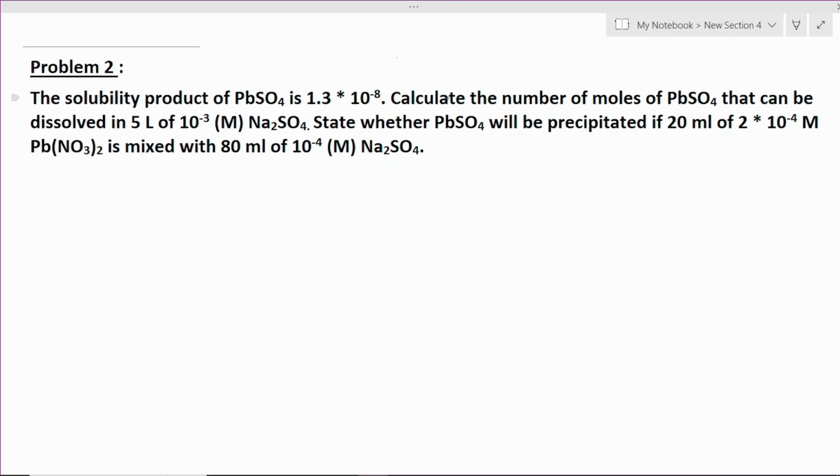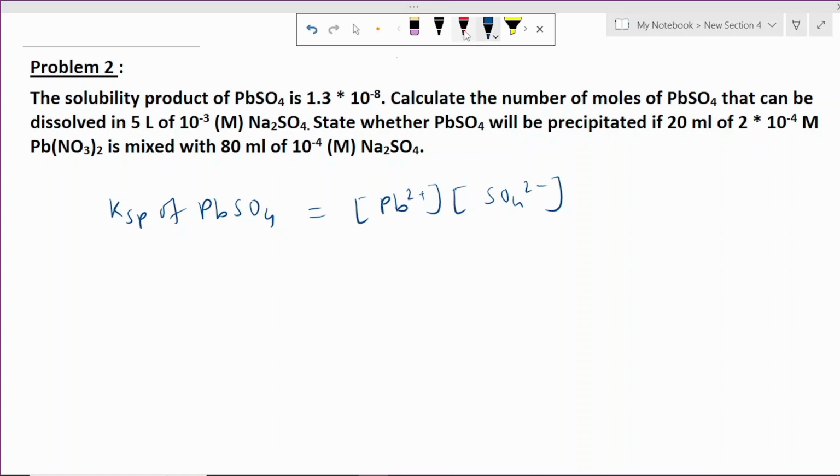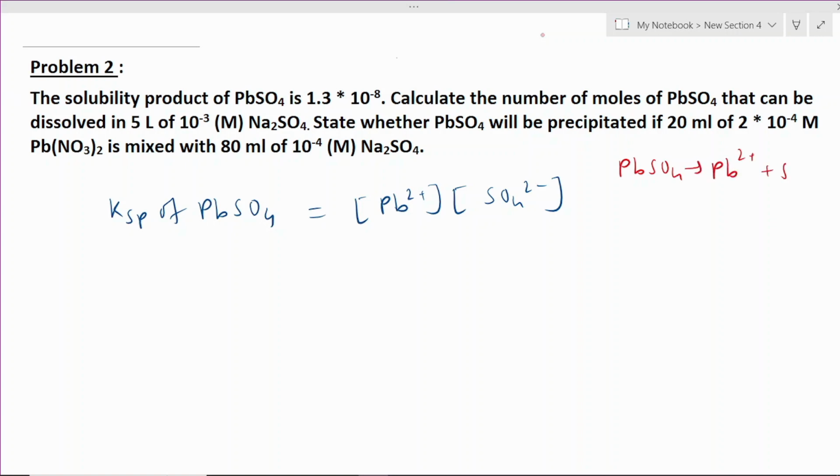So in the problem, the solubility product of lead sulfate is given, that it is concentration of Pb2+ into concentration of sulfate, and we know that PbSO4 dissociates as Pb2+ plus sulfate. So here the coefficients are 1, so the power will be 1.